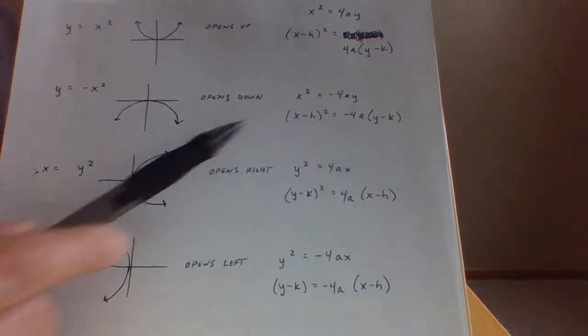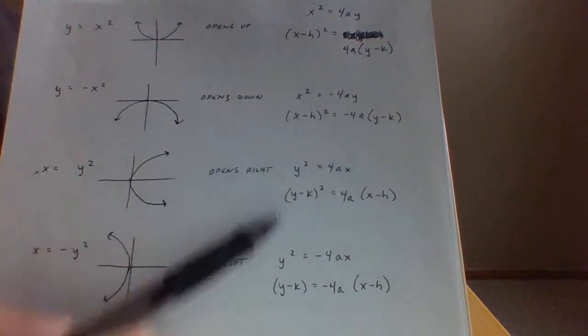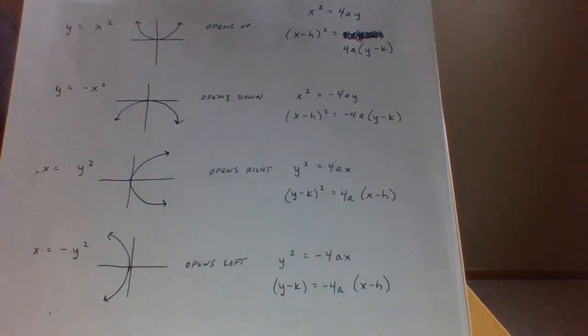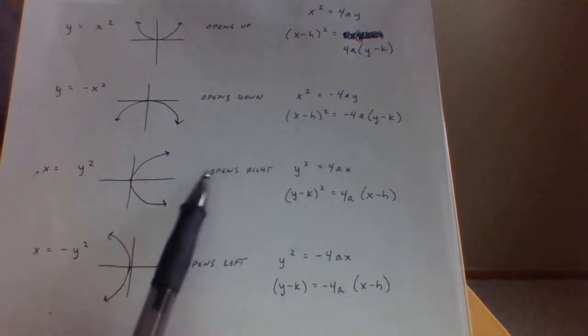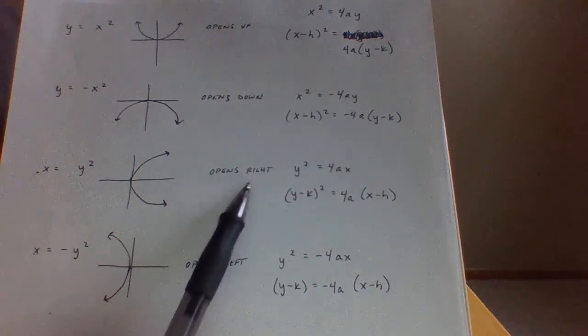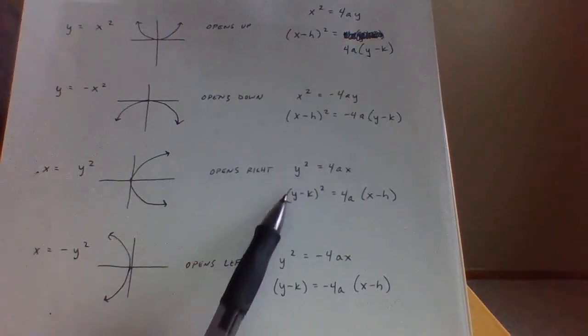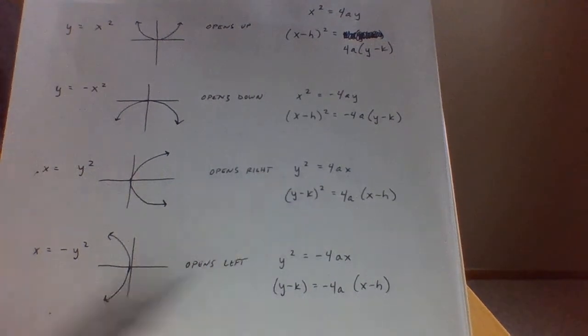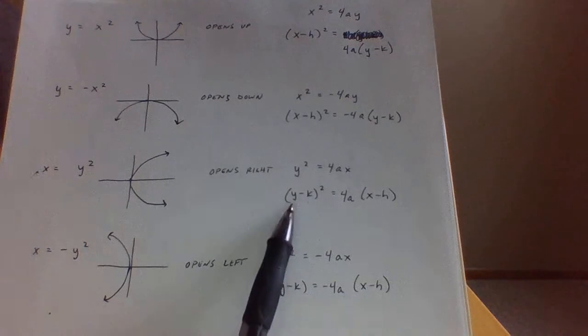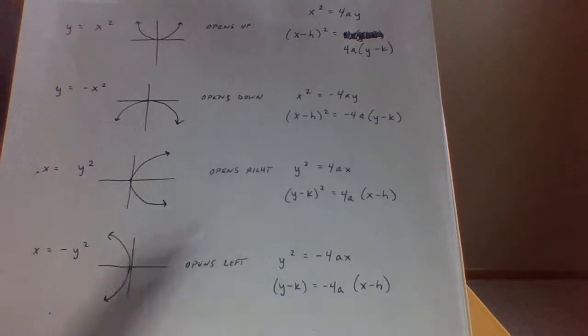So we've done the same thing for each of the formulas there, assuming that we have the vertex at something other than the origin. Keep in mind when you're coming down here, you'll notice when I'm talking about parabolas that open to the right, inside my parentheses here, it's a y minus k value. That k value would be the y component. So make sure the right letter is going there inside your parentheses with the y value.